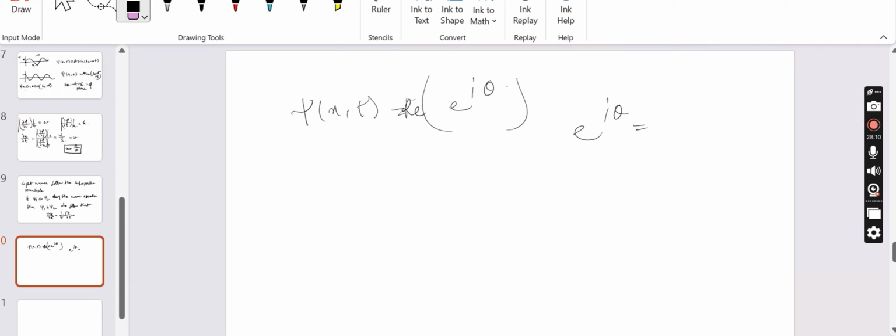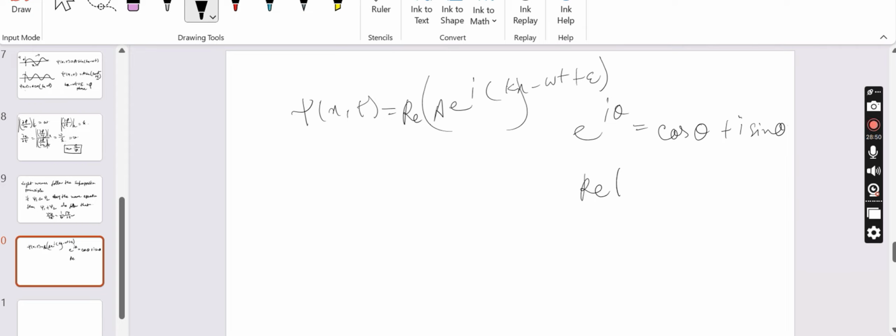So instead of r we write a, and in place of theta we write the phase. e to the power i theta is basically cos theta plus i sin theta.